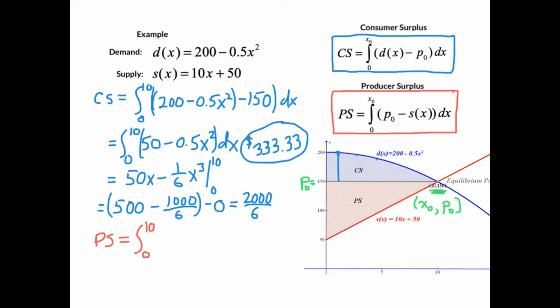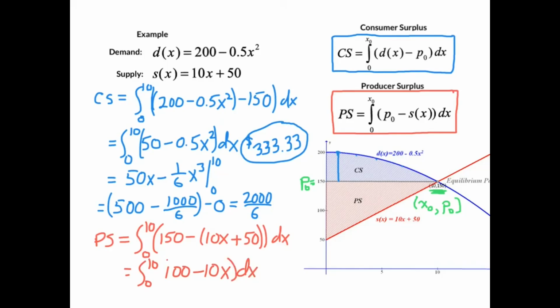And then we have the upper curve is the market price of 150 minus the supply function, which in this case is 10x plus 50. So if we clean that one up a little bit, ultimately our producer surplus integral is 0 to 10 of 100 minus 10x dx.